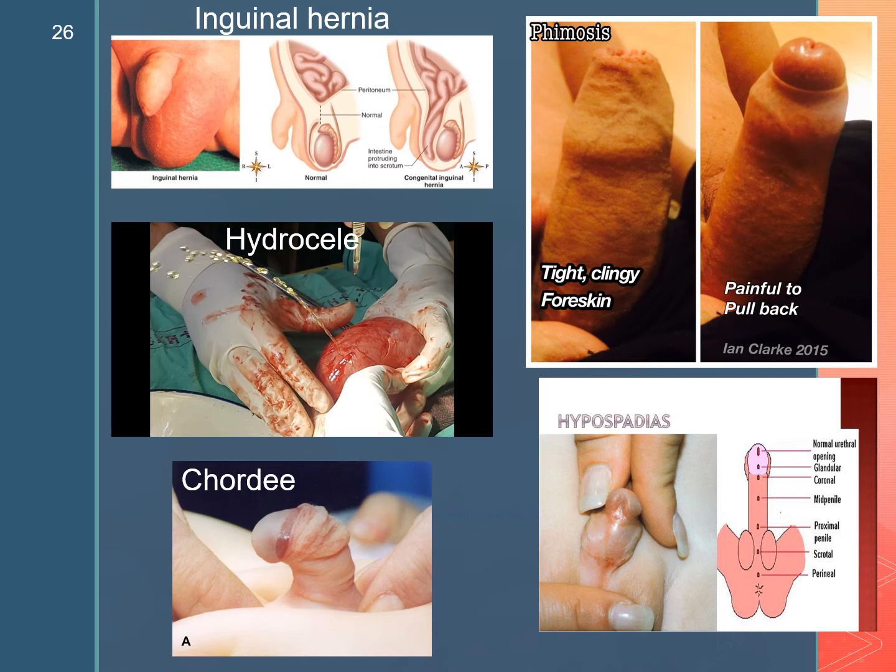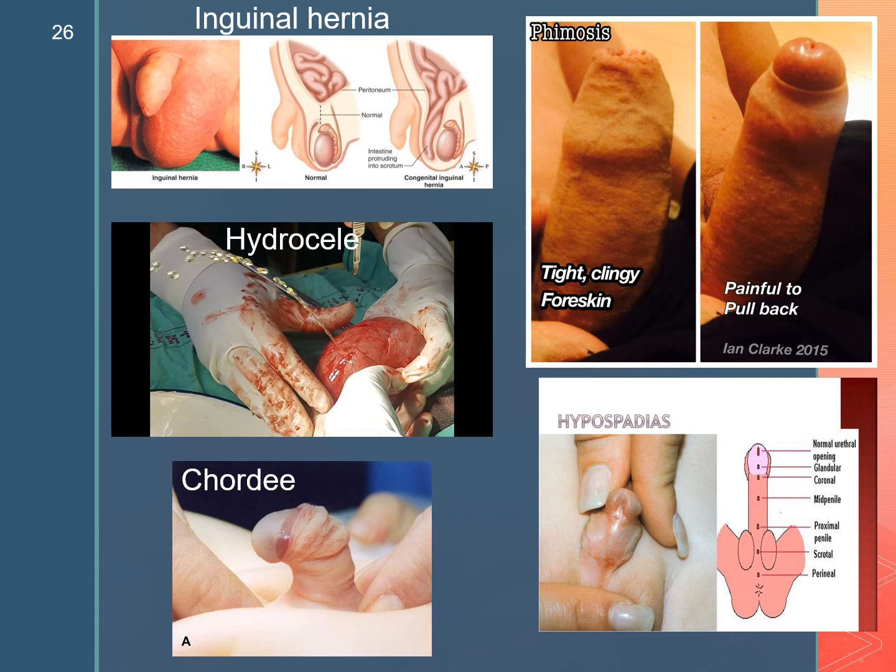And then below that, we have something called chordee. And again, chordee is a congenital defect where there's a tight band on one side of the penis that causes it to pull to one side. On the right side of the screen, you see phimosis and paraphimosis, and to treat that, we would do a circumcision.